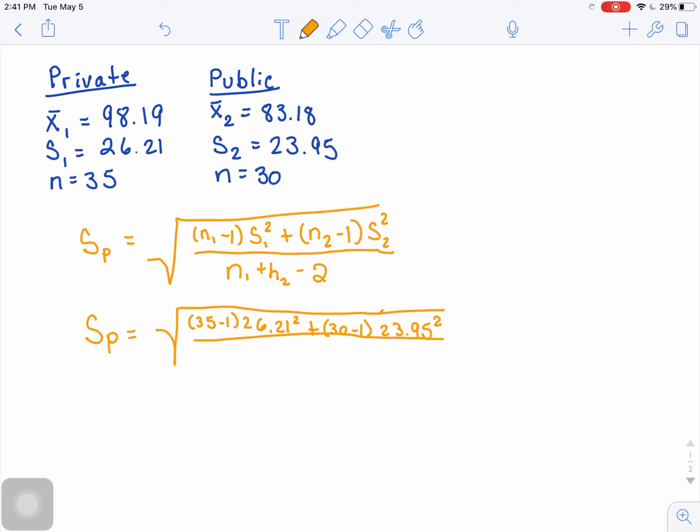That square root needs to be extended, and then it's all divided by 35 plus 30 minus 2.